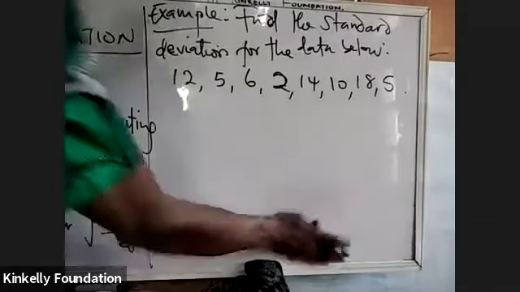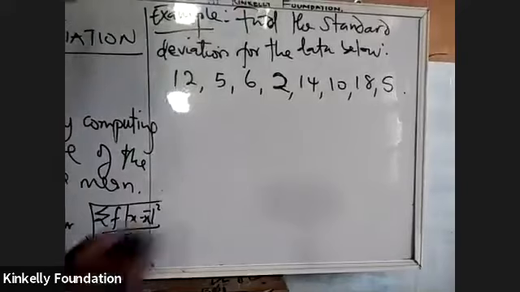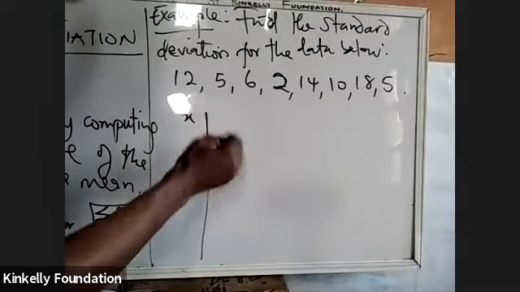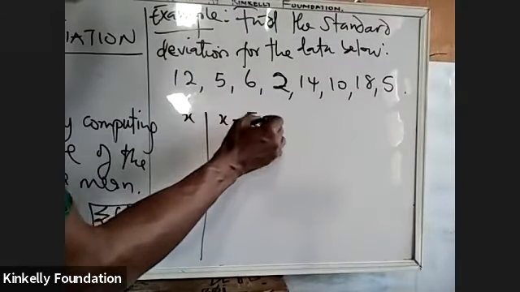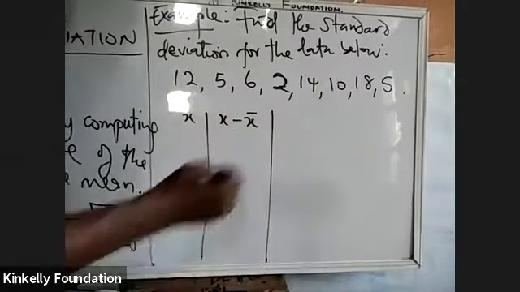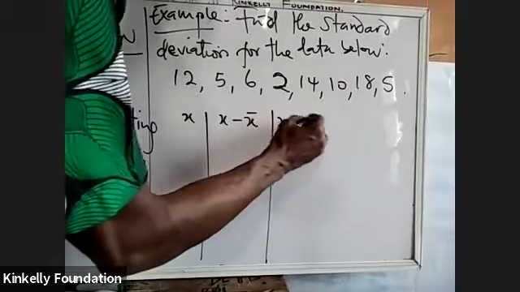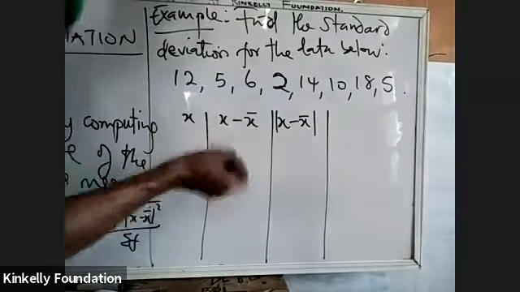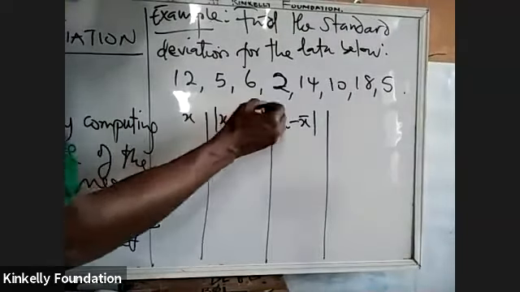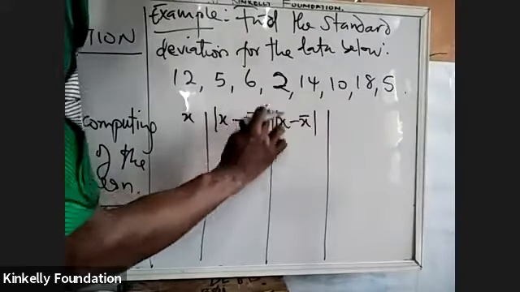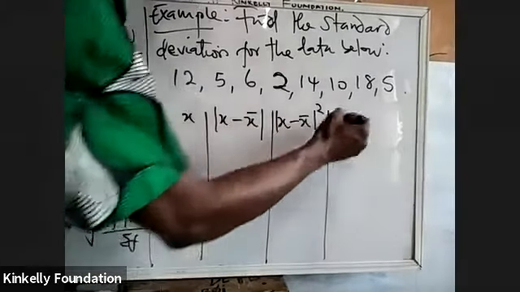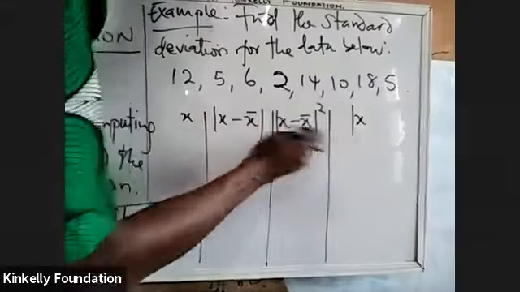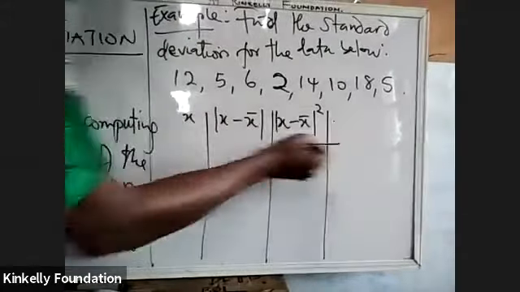Now remember, in solving this, we have our X, we have the deviation, the absolute deviation. Since we don't have anything like F, let's just make it like this.